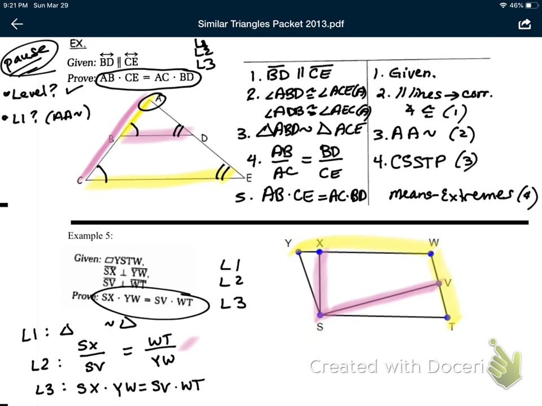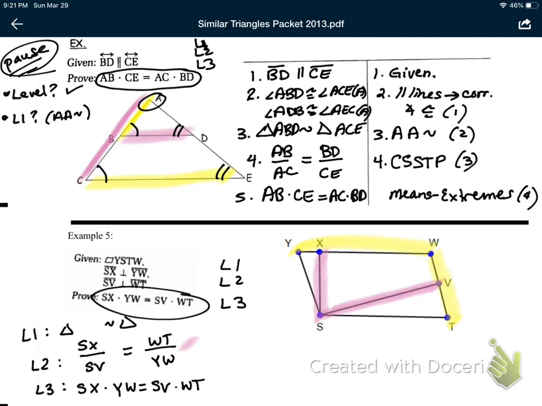It does not appear to be segments that are in a triangle, in fact. Well, there's only 2 triangles in the diagram, so that helps. Only SX and SV are actually in triangles, so the pink ones are good, but the yellow ones not so much. YW and WT are not actually in the triangles.